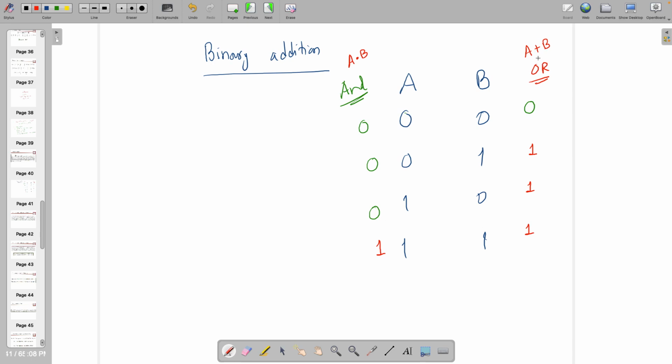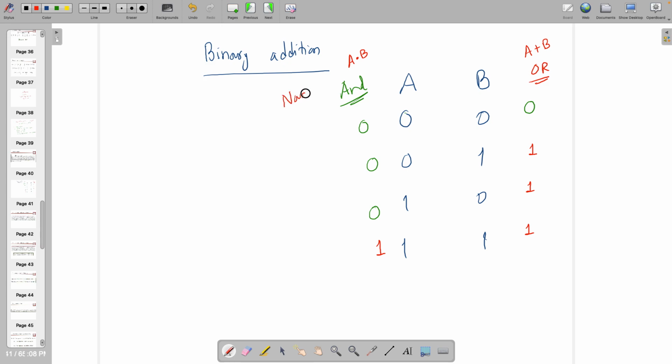It's a logical OR operation. So now the question remains: do you know any logic gate which is going to add two quantities? Okay, let's try with NAND.